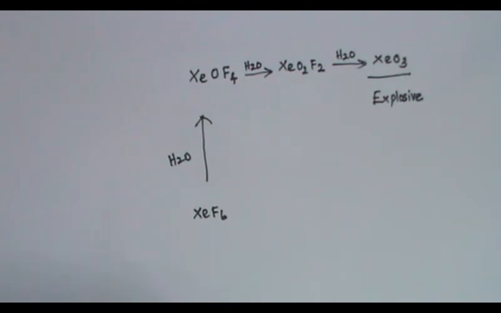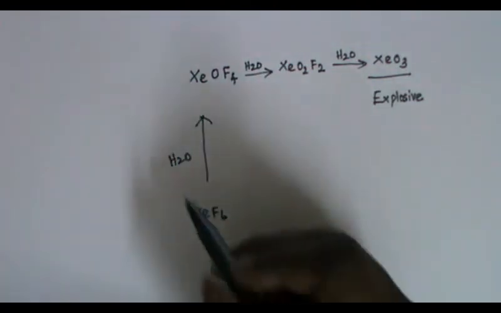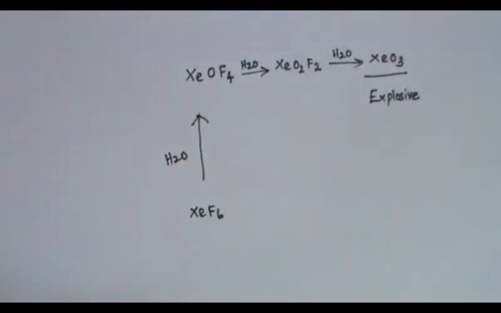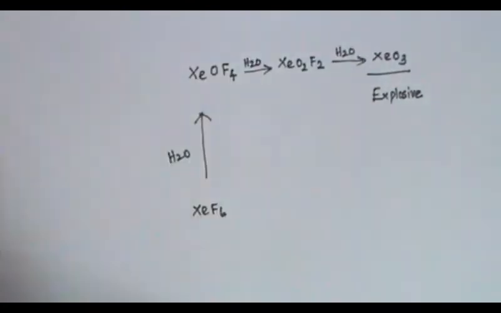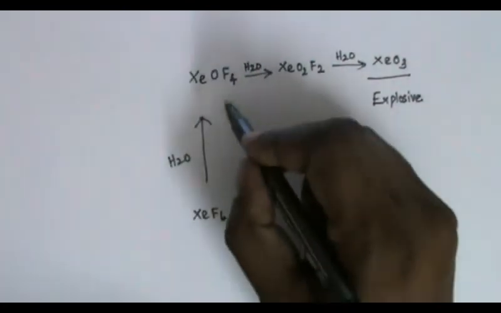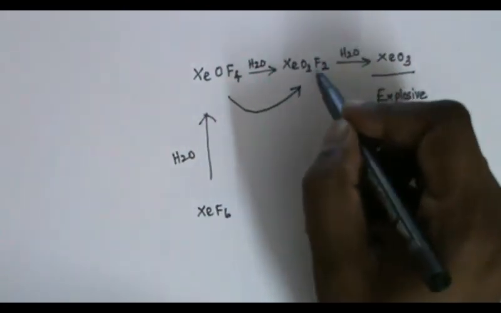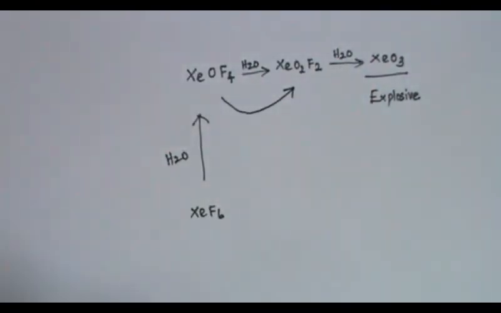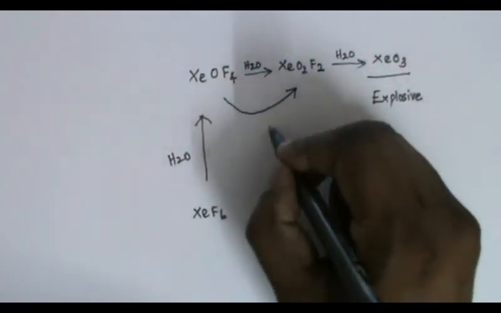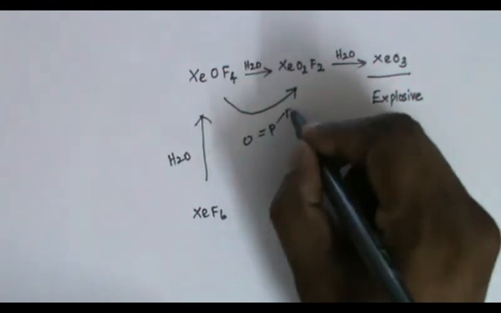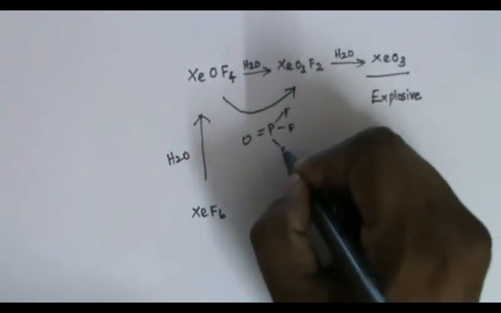So generally an explosive reaction is not preferred in the lab. So what they do, they go for a very small quantity of water. They try to convert this into this. From this they convert to this using some other reagent. What they use is trifluorophosphine oxide.